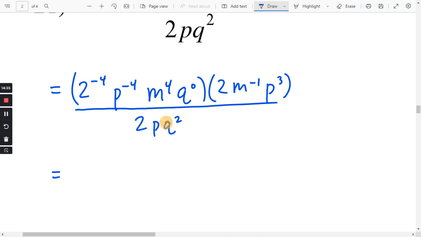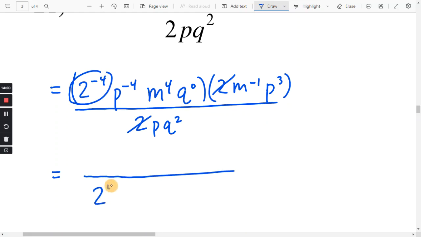These are all multiplied in the numerator, so we have a regular 2 divided by a regular 2, so that's gone. All right. 2 to the negative 4, we can move that into the denominator and make it 2 to the positive 4. As far as the p's are concerned, we have p to the negative 4 and p to the third. Negative 4 plus 3 is negative 1. So those are done.